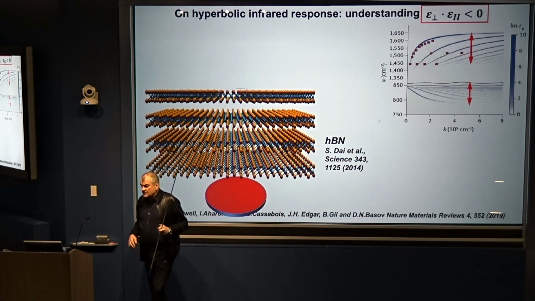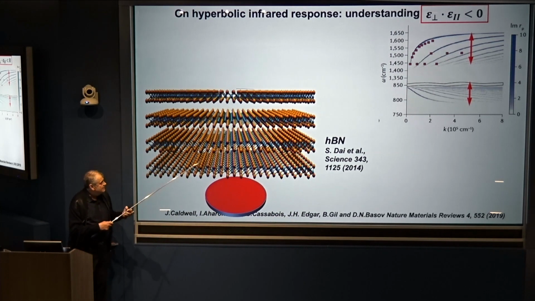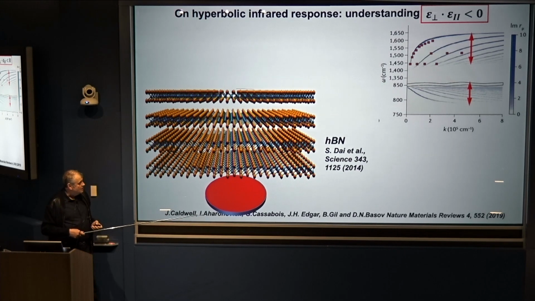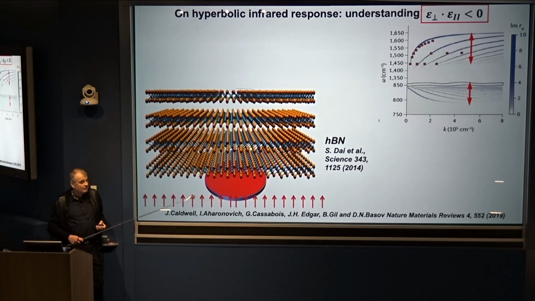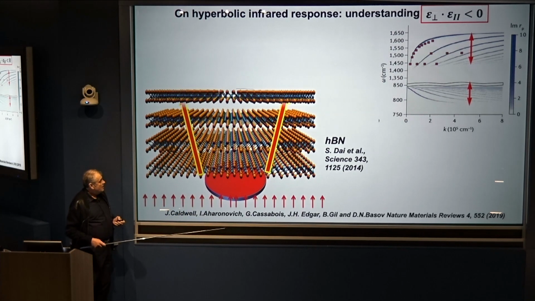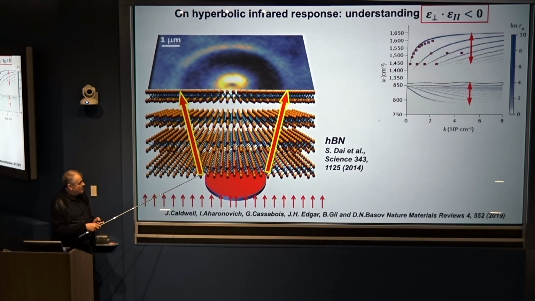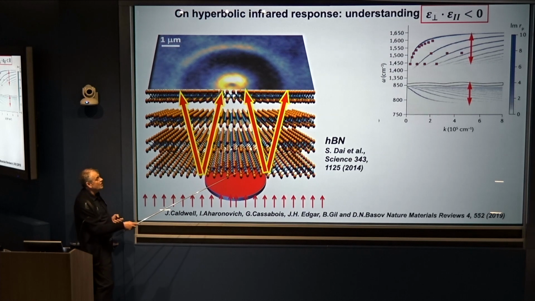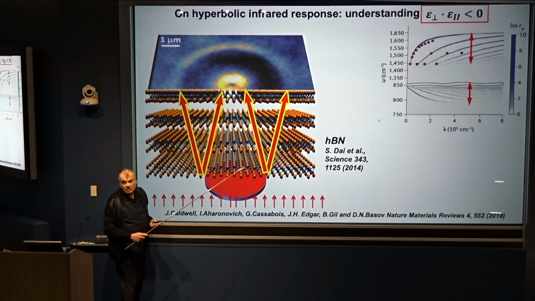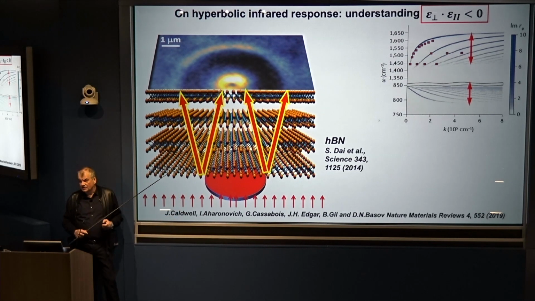And to confirm this hyperbolic behavior, we placed the crystal of boron nitride above a small, sub-diffractional antenna, smaller than the wavelength of light. We illuminated it with an infrared beam. And we expect the edges of this antenna to launch this polaritonic wave that in general propagates along conical trajectories inside the crystal, starting this waveguide mode behavior.